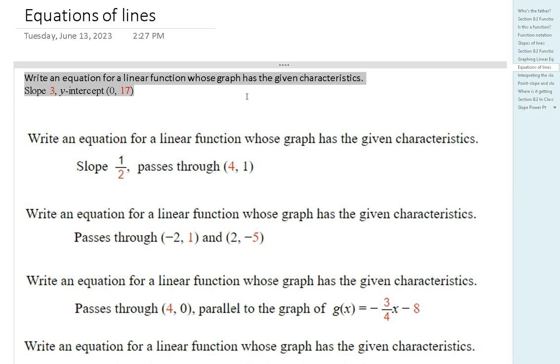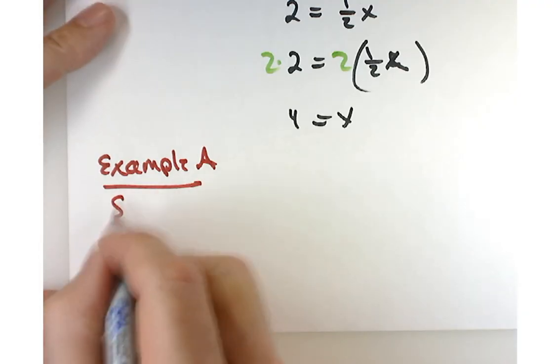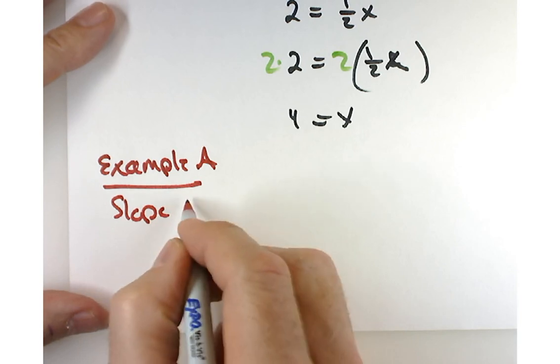So they're pretty much giving us everything we might want. And let me write down a shortened version of that for us here. We'll call that example A. So we want a slope of 3 and a y-intercept of 0, 17.